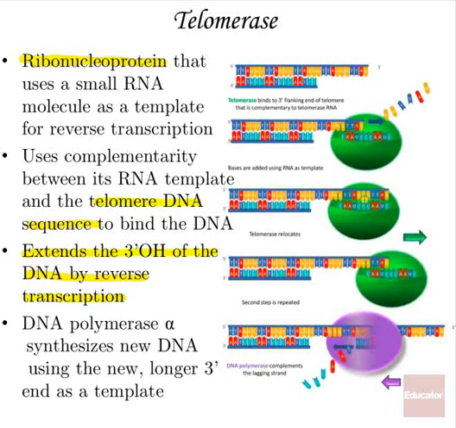Okay, so it'll extend it, then it'll translocate, extend more, translocate, extend more, and then DNA polymerase alpha will come in and synthesize the new DNA using this new longer 3' end as a template.